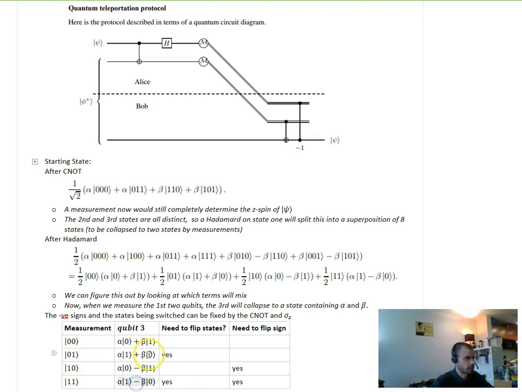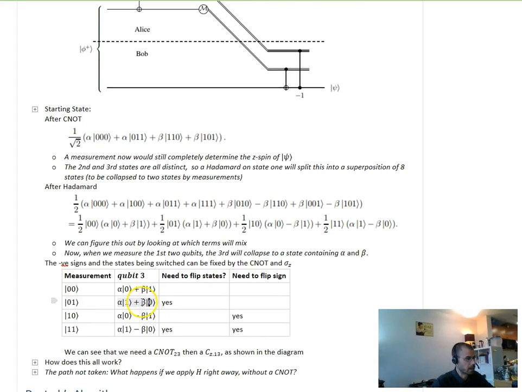It is in these states. So first of all, we've got beta times state 0. We want beta times state 1 actually. So here we need to flip the states. Similarly with here. Looking over here, it's when the 2nd qubit is 1 that we need to flip the states.